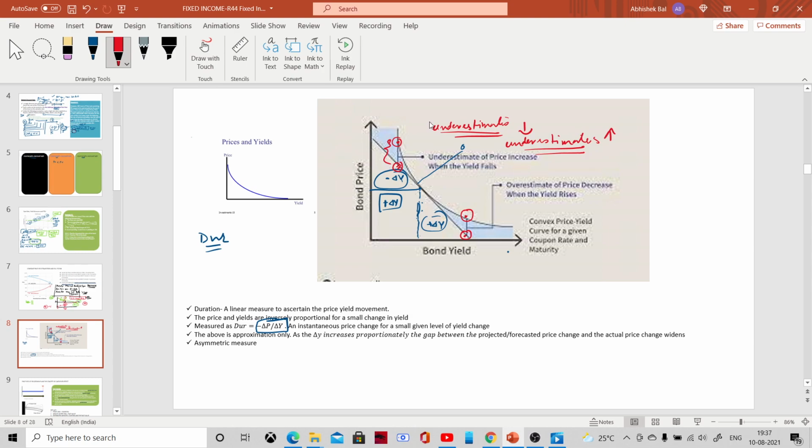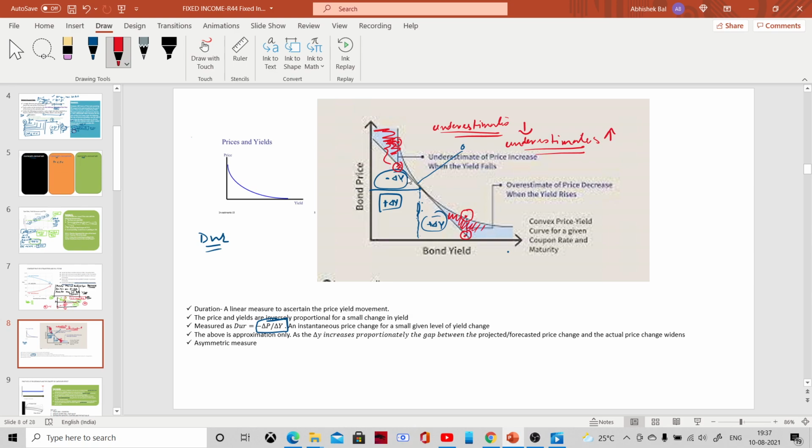We have already studied something called convexity in our preceding chapters. So convexity takes care of this curvature portion which is not covered by the duration measure of the bond itself. Okay, but the important derivation is not limited to this. The important derivation is that the measure is asymmetric itself.